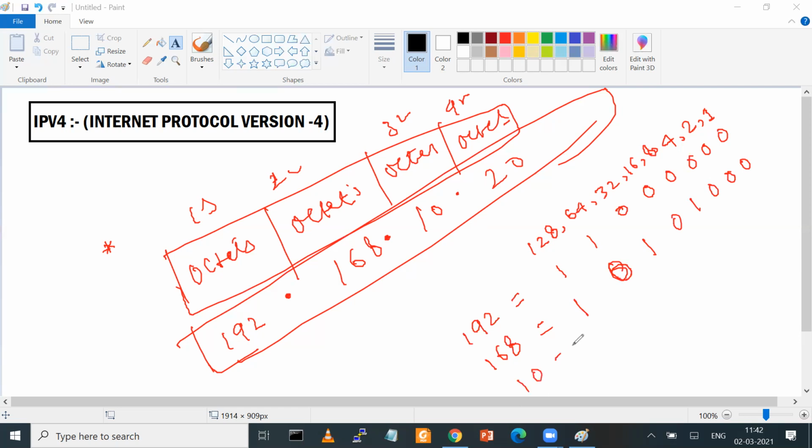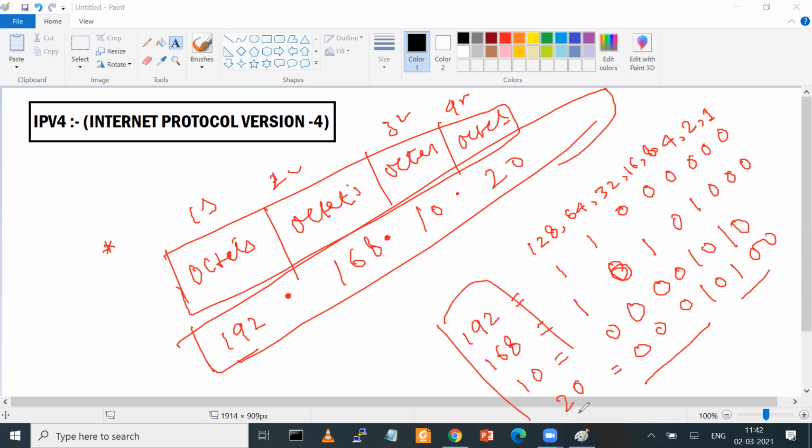Now 10, we have already done many times: 00001010. 20 we already used last time: 00010100. So this is the binary conversion. Correct? Yes, correct, sir. Does anyone have any difficulty?